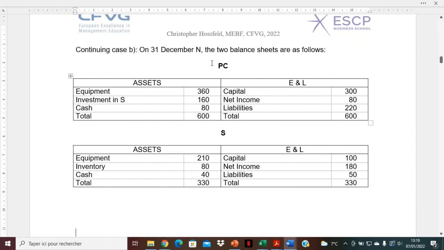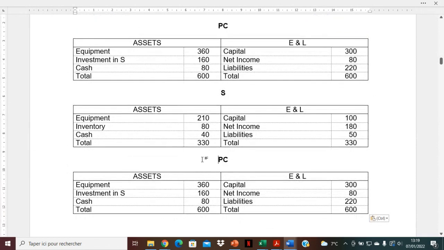Well, same story. I take the balance sheet of the parent company and use this as a basis. So I set up the combined balance sheet. Therefore, I take the parent values that I have plus the subsidiary values. And obviously, I take the subsidiary values at the end of the year, at the date I do the consolidation. So here it's 210 in terms of equipment.